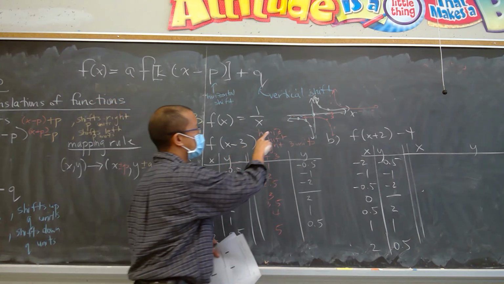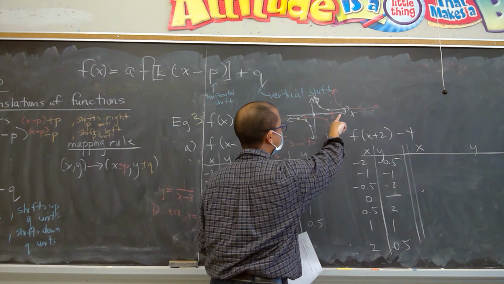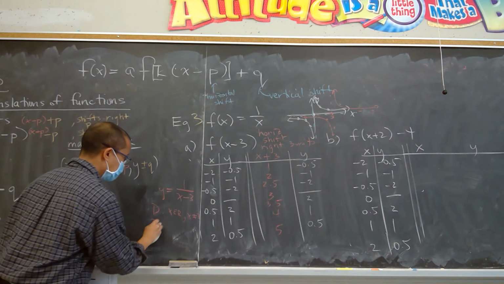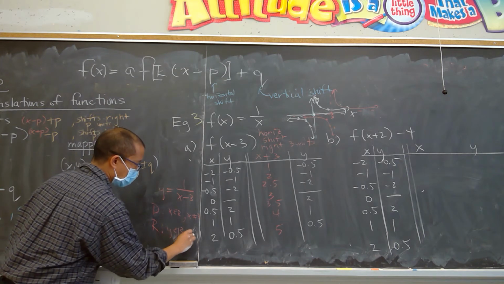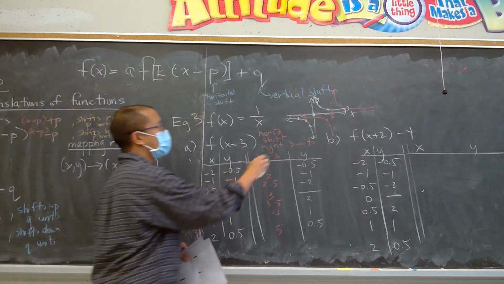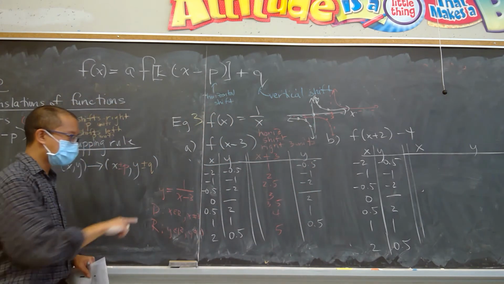Let me just double check that. And the range is going to be y belongs to real numbers, but y cannot equal 0. There is a gap, right? So that's the domain and range for that.